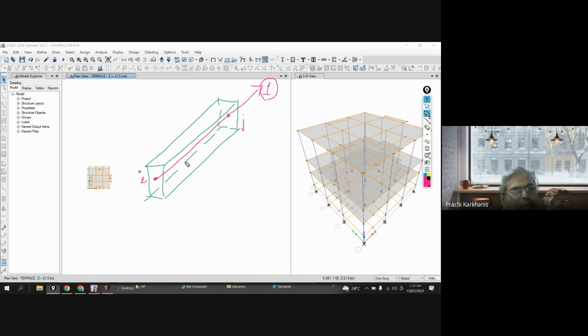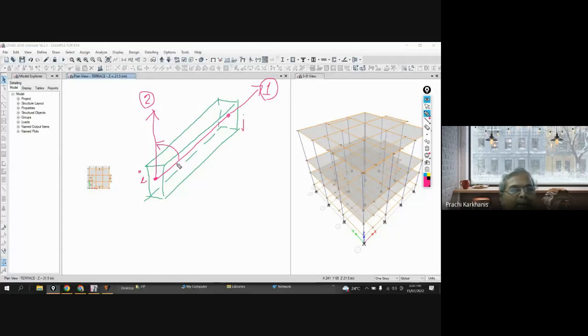Then, as it is a beam, the positive 2 axis will be drawn parallel to your Z. So this is your 2 axis. The positive directions of the 1 axis and 2 axis are defined in ETABS automatically as you draw one beam.